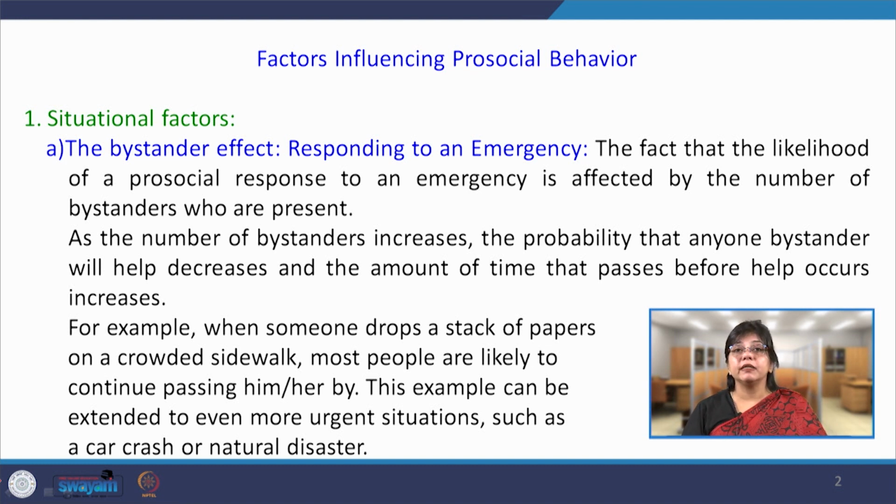This example can be extended to even more urgent situations such as a car crash or natural disaster. Even if there is a car accident on the road, we will just pass by, and there are certain natural reasons why we pass by, because there is no schedule that any emergent situation will occur on the road.